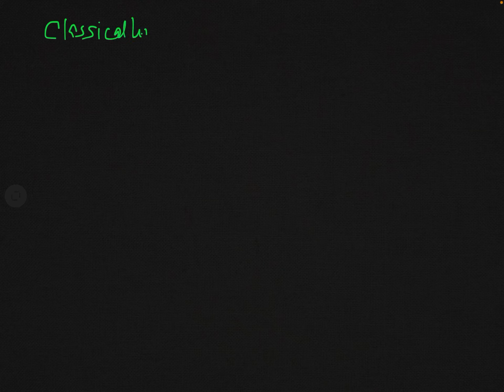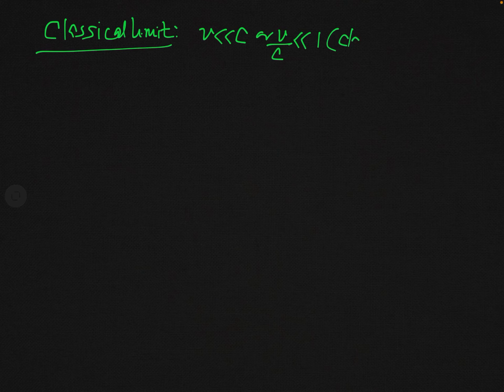So now let us see what the classical limit of these results is. Classical limit, you have studied it several times. What is the classical limit? The classical limit is v much smaller than c. In other words, v over c is much smaller than 1. In fact, this condition is known as the classical limit. We have used this idea several times.